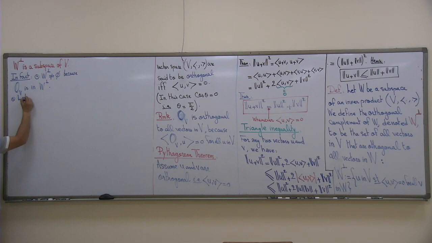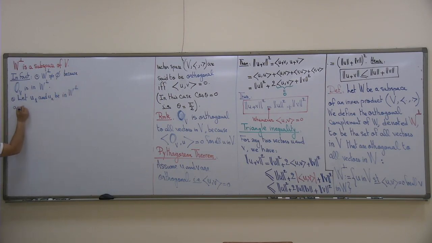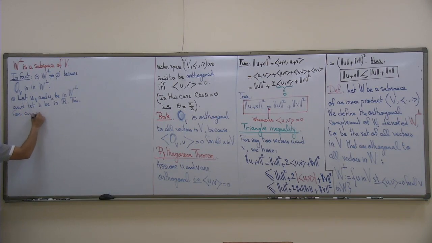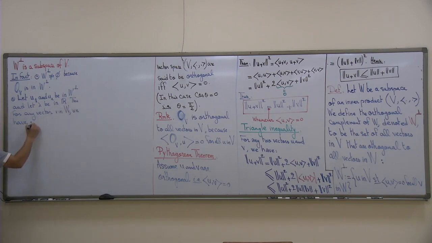So I'm going to say let U1 and U2 be in W orthogonal, and let lambda be in R. Then for any vector V in W, we have: I'm going to compute the inner product of U1 plus lambda U2 with a random vector V in W.